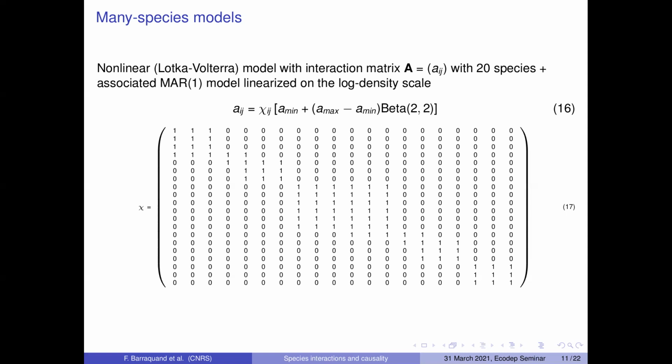Then there's also whether the interaction strengths are strongly saturating. You can have strongly saturating interaction strength without having a positive Lyapunov exponent, and conversely, you can have a positive Lyapunov exponent without having saturating interaction strength.